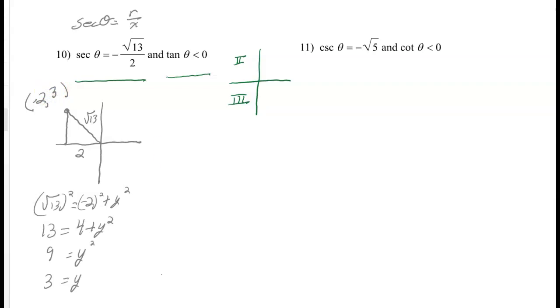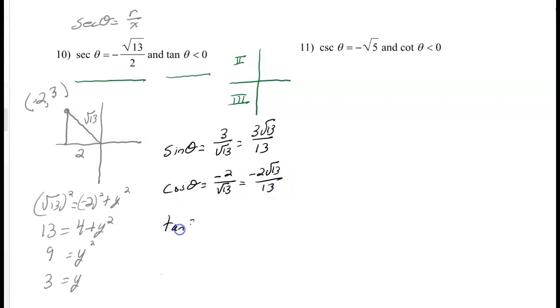At this point you should be able to figure out all 6 trig functions. So the sine of theta is the y coordinate over the radius. And if you rationalize, you get the following. The cosine of theta is the reciprocal. So cosine is going to be negative 2 over root 13. Again, if you rationalize, you'll get the following.